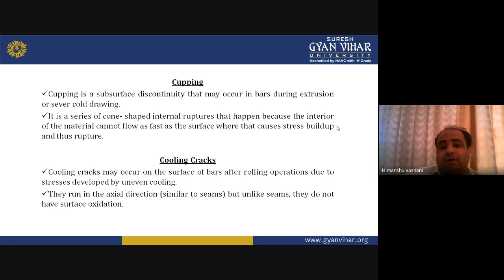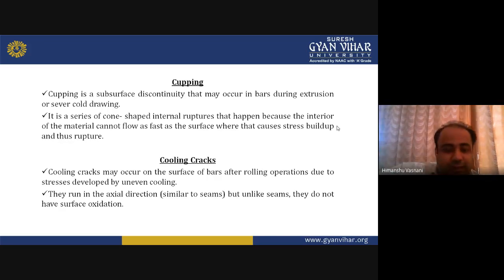So you understand that if this discontinuity is found during inspection, it can affect the final product. This subsurface discontinuity shall be removed in bars going for extrusion or cold drawing.